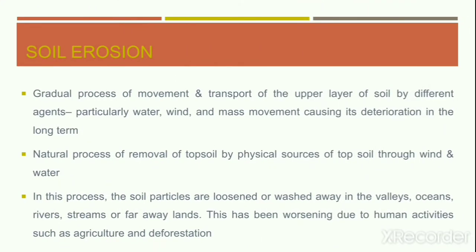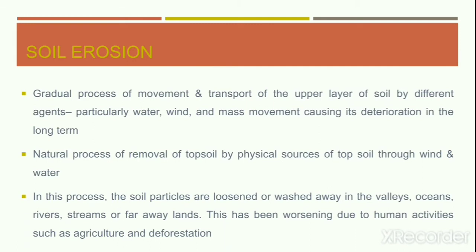What is soil erosion? The gradual process or the movement of upper layer of the soil by different agents of gradation, particularly water, wind, and mass movement, causing its deterioration in a long term is termed as soil erosion.